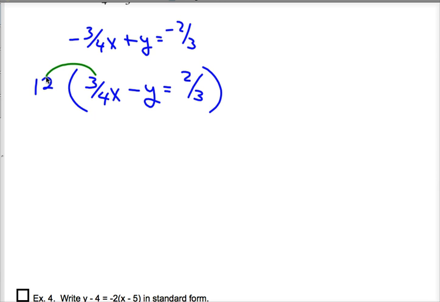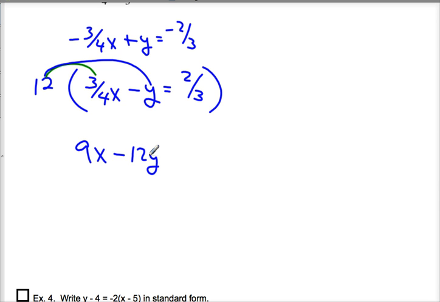12 times 3/4. Well, 12 times 3/4 is the same thing as 12 divided by 4, which is 3. 3 times 3 is 9, so 9x. Times negative y, negative 12y.